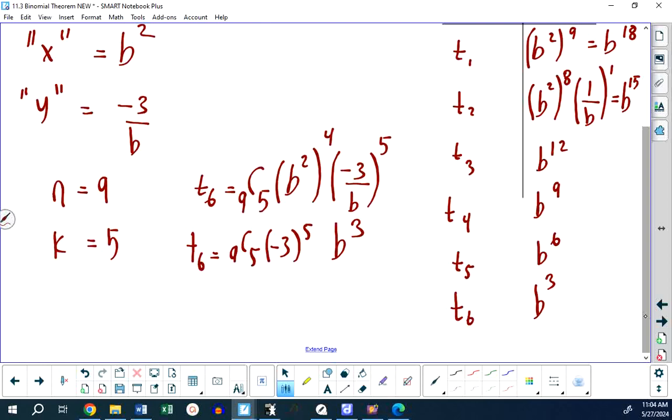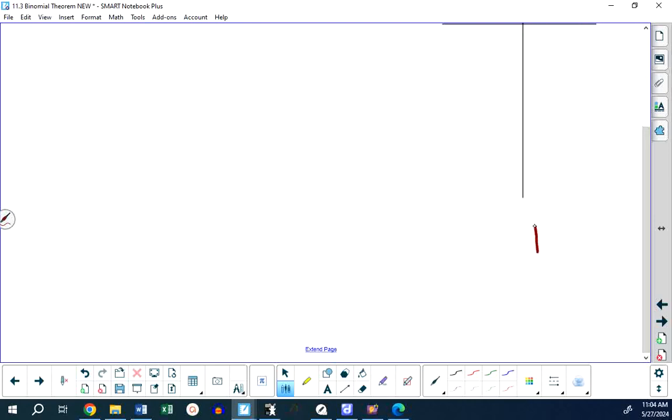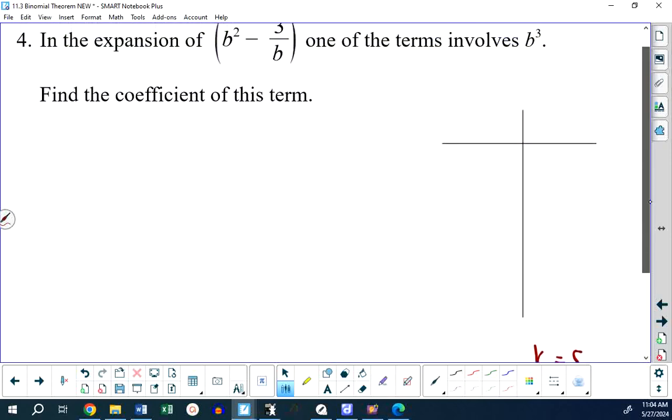So let's just keep in mind that k is 5 here. I'll write this down over here. k is equal to 5. We could have found that by saying the following.